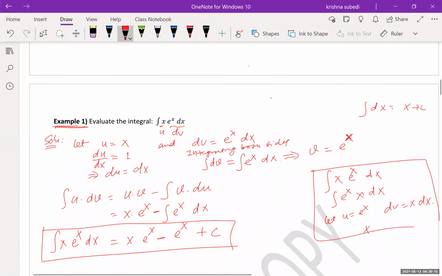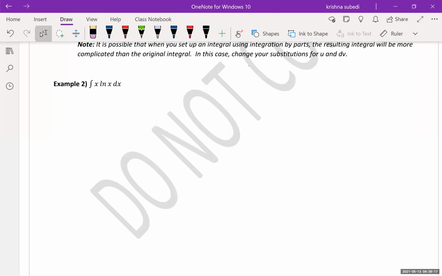Let's try this example too. Okay, let's do a little experiment here.